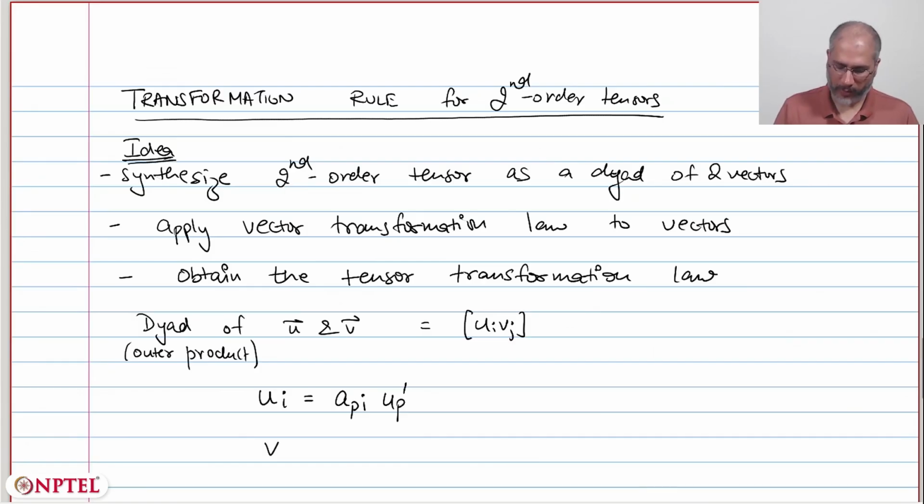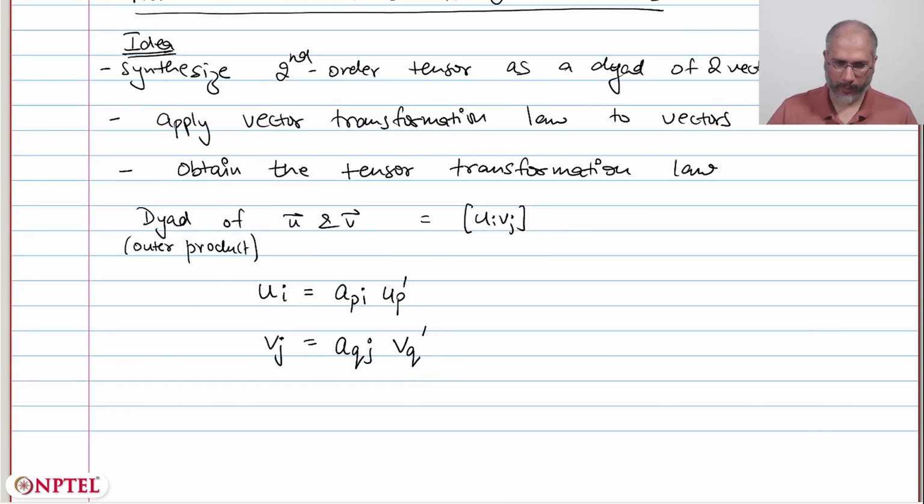Similarly, the vector vj will be written as aqj vq prime. And now we write the index notation for the dyad. So the dyad is ui vj, which in terms of the primed components for u and v can be written as api, and I'll move both the a's to the left, aqj up prime vq prime.